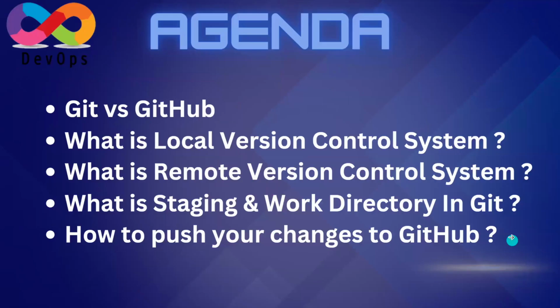Today's agenda is going to be quite minimal. We're going to talk about what is Git versus what is GitHub. We already discussed that it is a version control system, but we didn't discuss what is Git versus GitHub. We'll talk about it. And also we'll hear the term local version control system versus remote version control system. We'll discuss both of them. And also we'll try to understand how the mechanism of Git works.